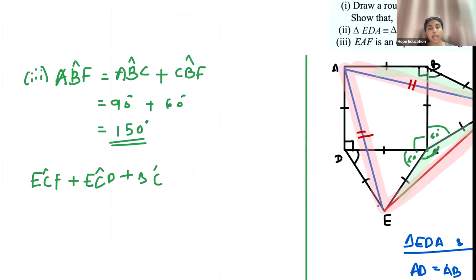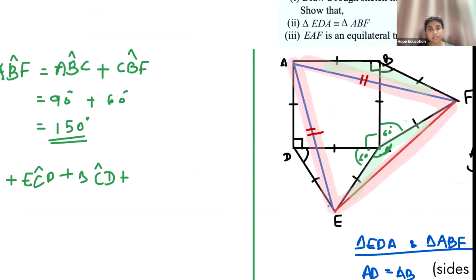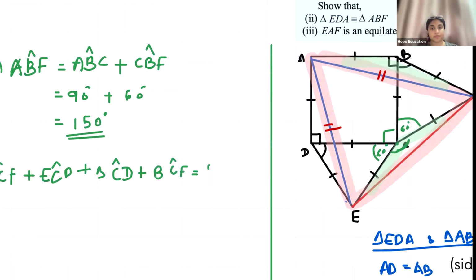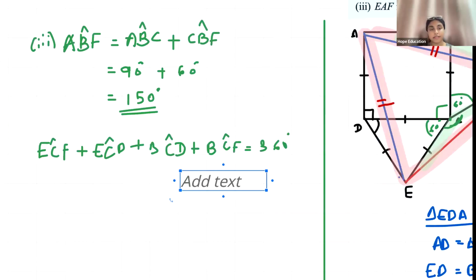So these are all the angles around the point C, and that is equal to 360. So you can write angles around a point. Now ECF, I don't know the value. So I just leave it as it is.